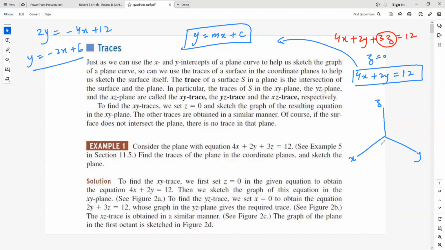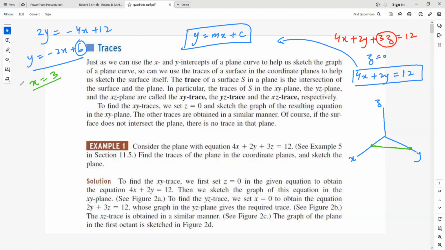Now this line has a y-intercept of 6, so let's say this is its y-intercept at 6. And its x-intercept, putting y equals 0, we get x equals 6 over 2, that is 3. Since it is a straight line, we can join these 2 points with a straight line. So this is the trace of this plane on the xy plane.